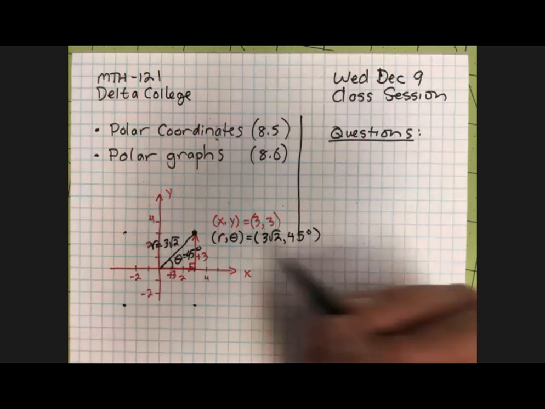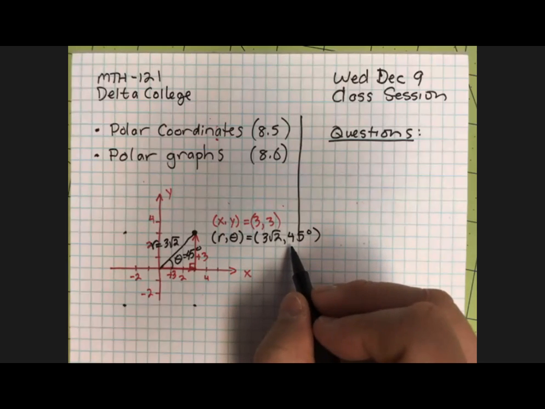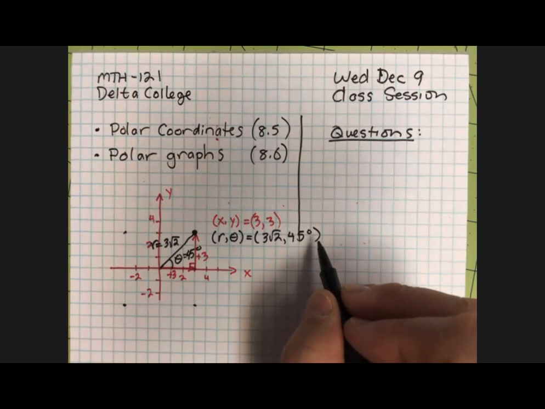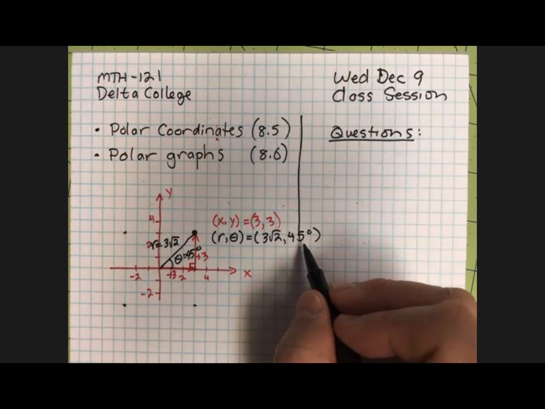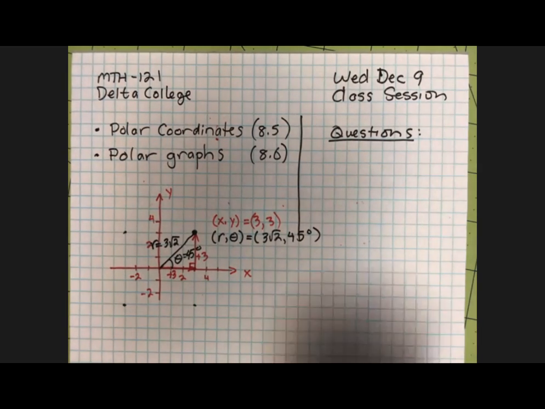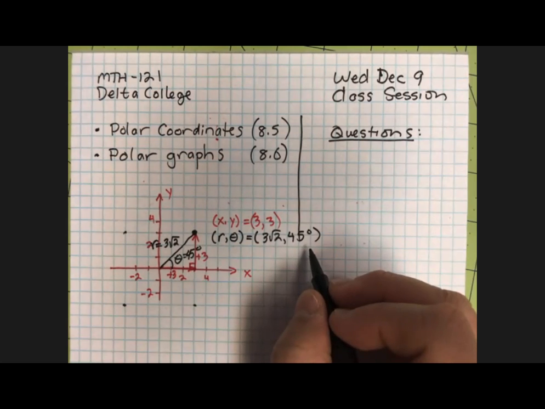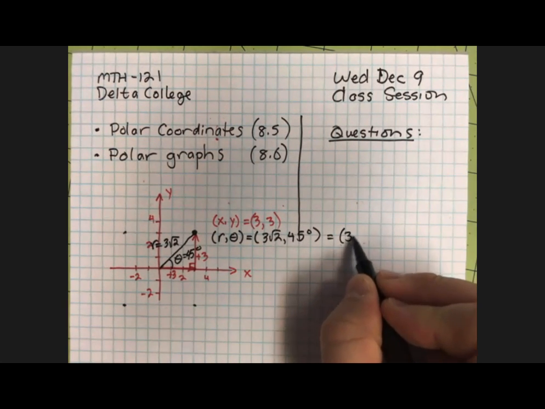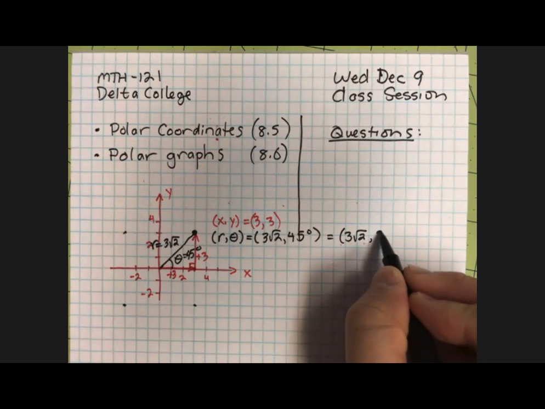I could use radians or degrees. I want to be open-minded when I do that, although most often in graphing, I'm using radians. In the book here, he's graphing some of these pictures with you in radians, some in degrees. I don't mind using degrees. If I was using radians, I would have called that point 3√2, π/4.